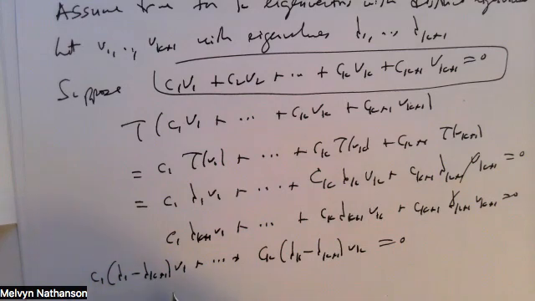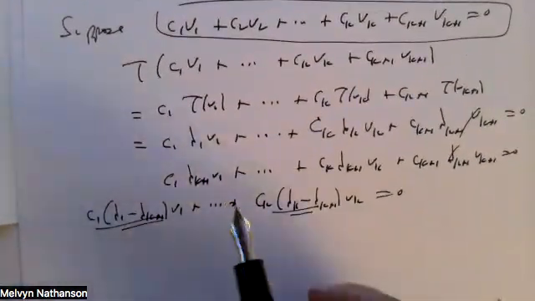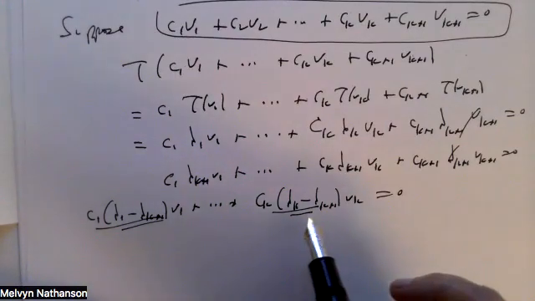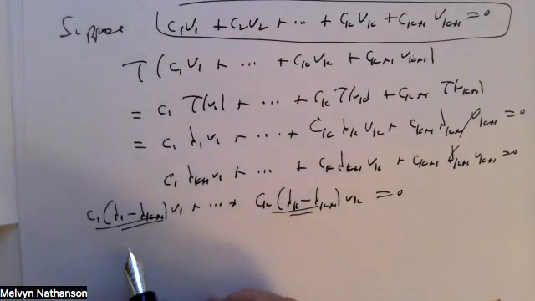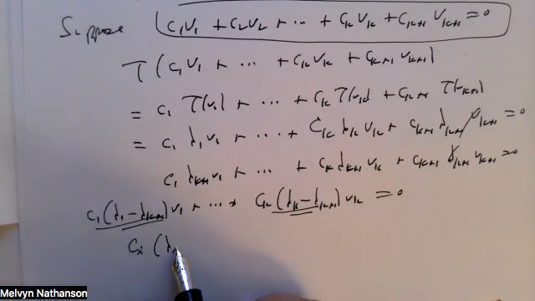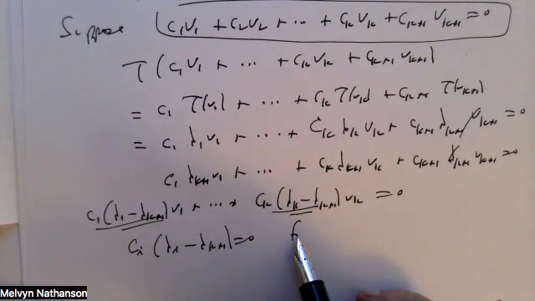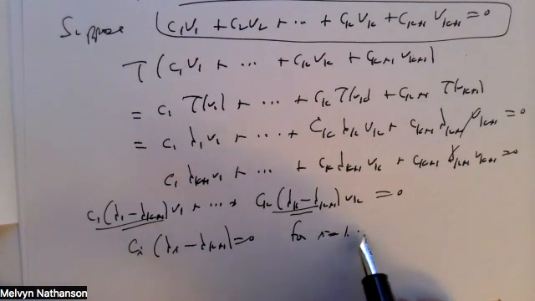But this is a linear combination of the eigenvectors v1 up to vk equals 0. So all of these are linearly independent. That was the induction hypothesis. So all these coefficients have to be 0. So ci times lambda i minus lambda k plus 1 is 0 for i going from 1 up to k.